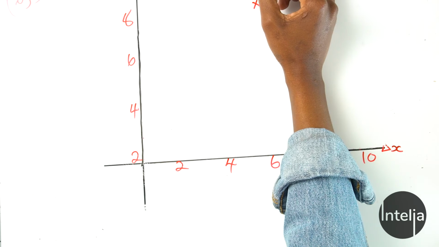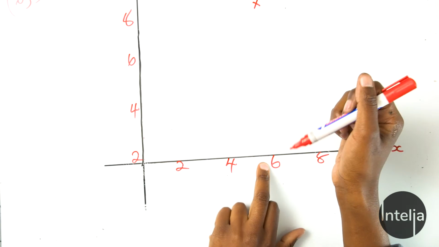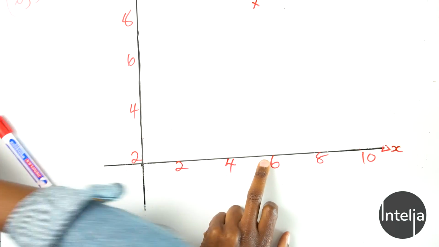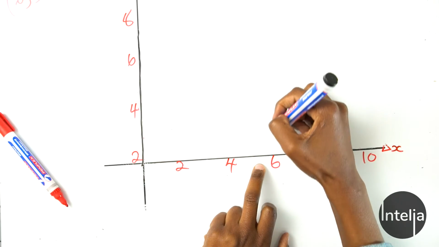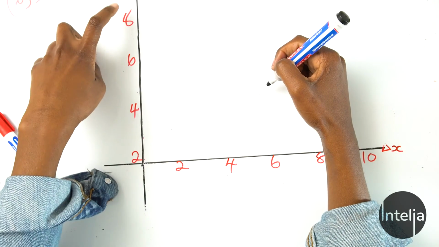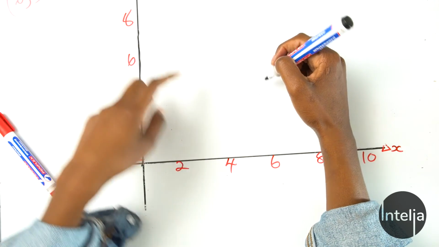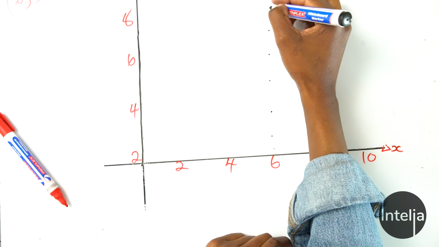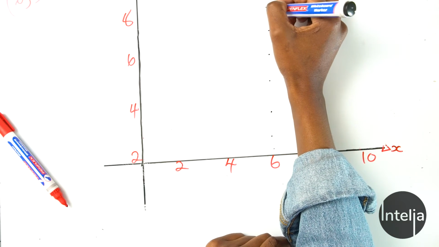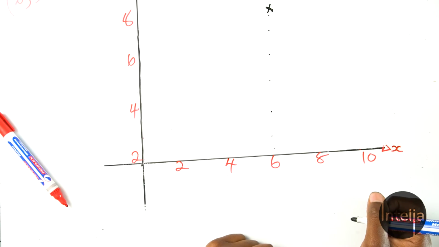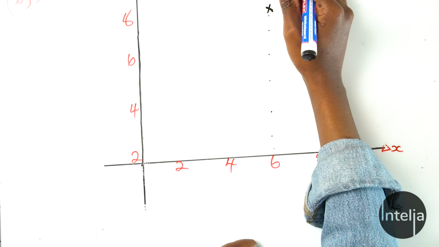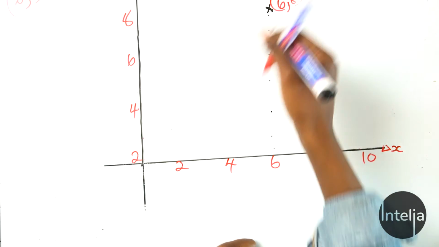So you come on your graph here, the 6 on the x-axis, and the y-axis is 8. So put your dots here, you mark here, that's the point (6, 8).